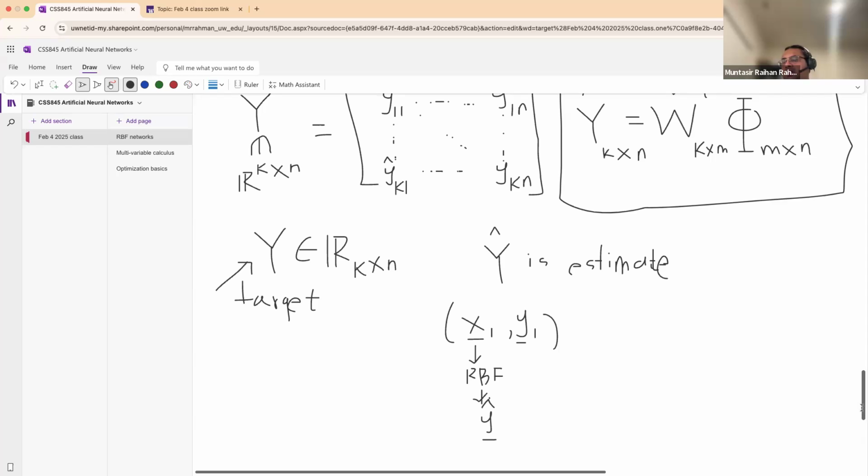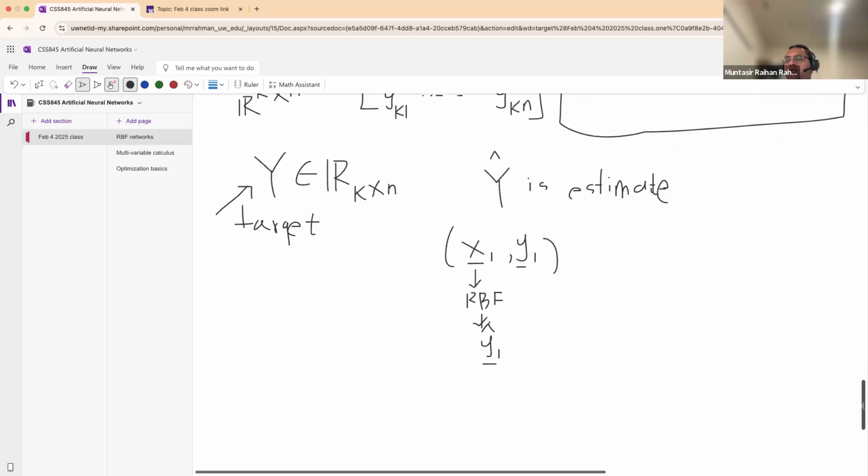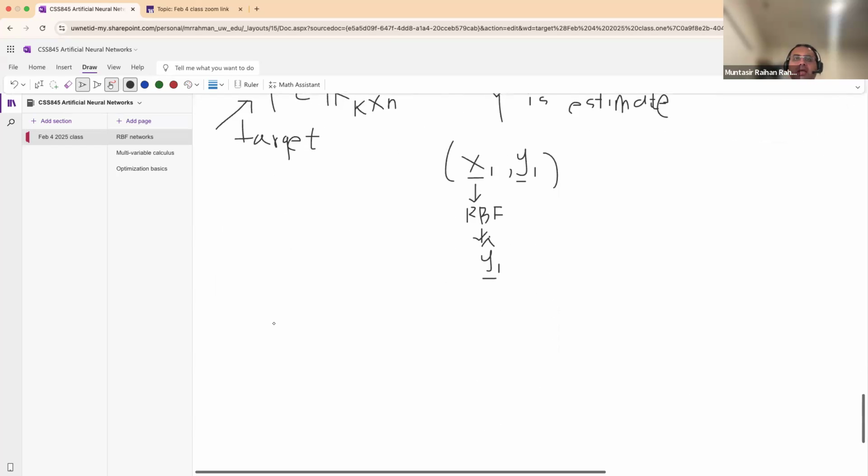Exactly. So the distance in some sense between y hat and y1 needs to be small, right? So that's our objective. So basically we can frame this as a minimization problem, right?